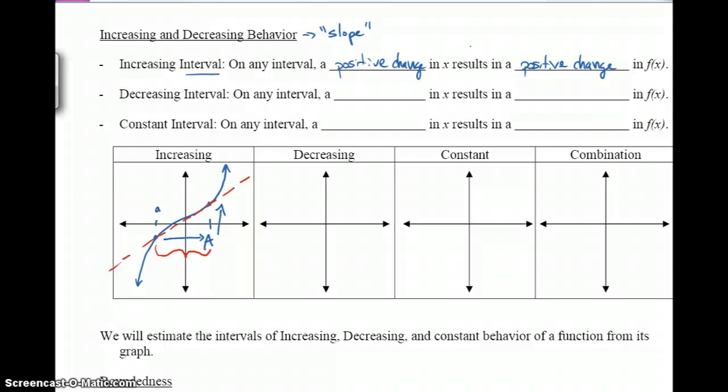That's why it's increasing. Now if we're talking about decreasing, what do you think would be the difference? Well, we're still going to talk about a positive change in x. So as we're going from lowercase a to capital A, but instead of it increasing, instead of having a positive change, we're going to have a negative change.